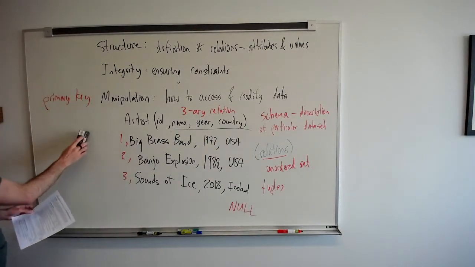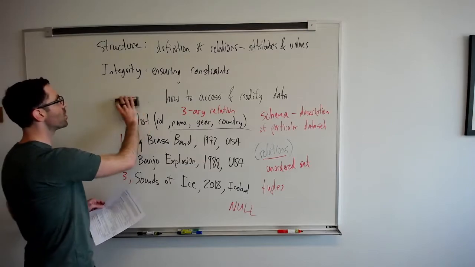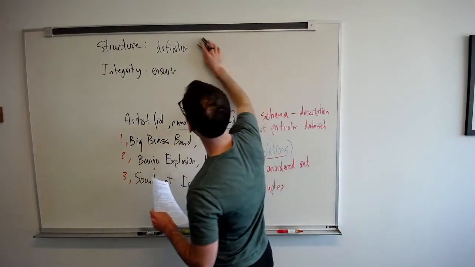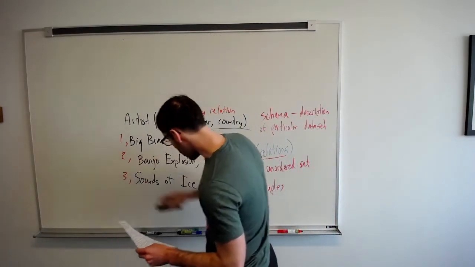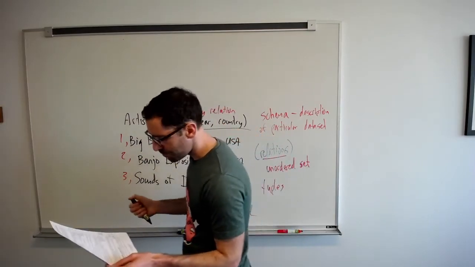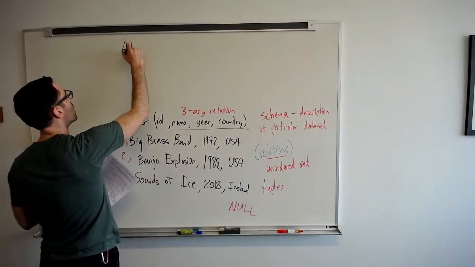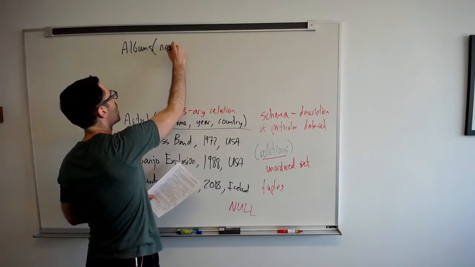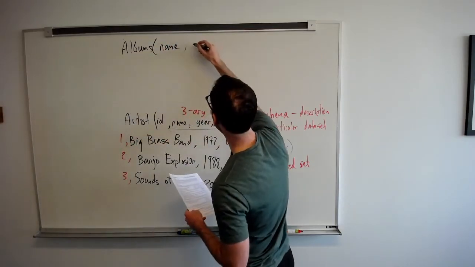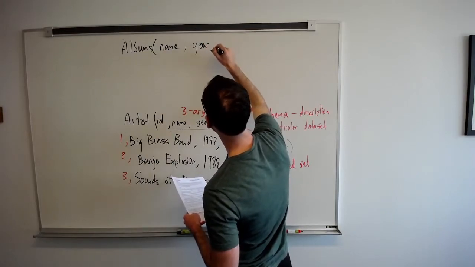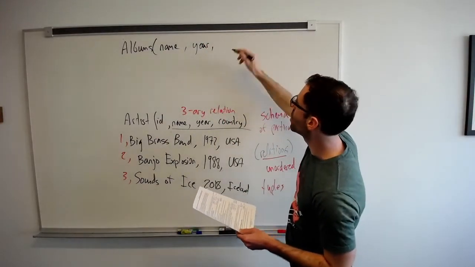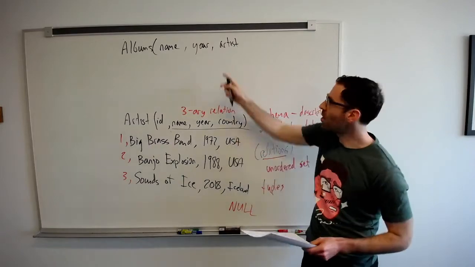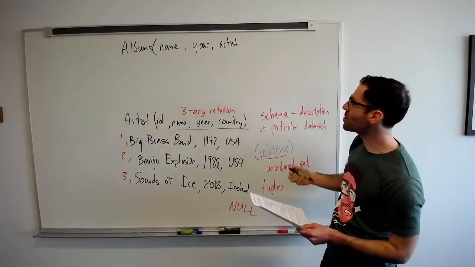Now, let's look at an interesting situation that will bring up another important concept. In addition to artists in our music database, we might have albums, and albums also might have a name and a year that they came out, and we might want to say the albums are also produced by an artist.